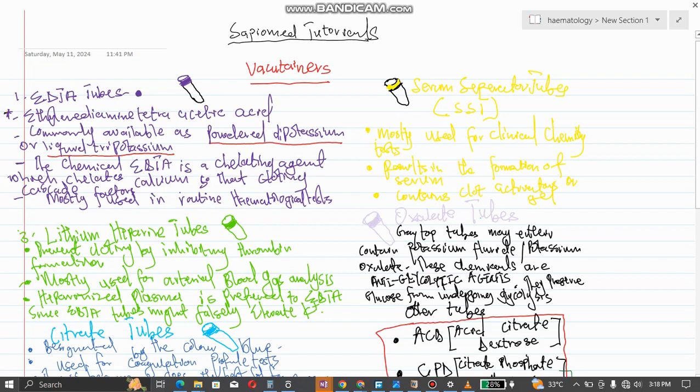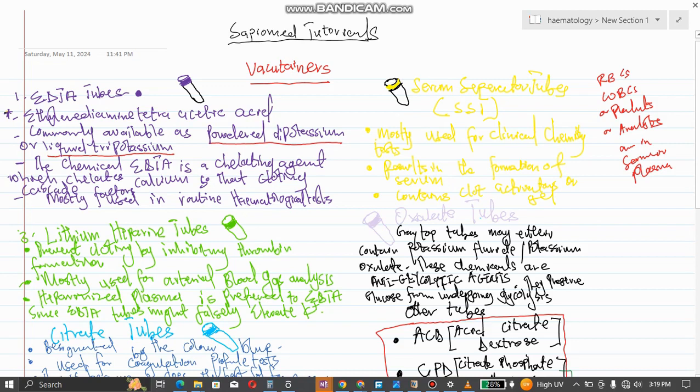Each of the blood components, be it RBCs or WBCs or platelets, or even certain analytes that are found in the serum or plasma, must be preserved or stored or taken in a way that it will not destroy their integrity.